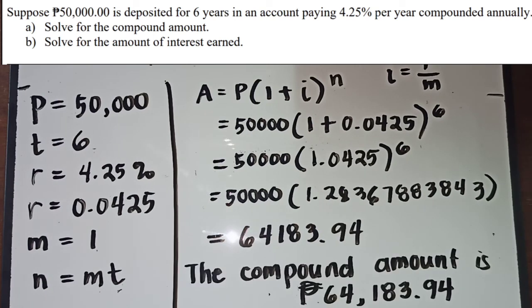Okay, so the compound amount is 64,183.94. So, ibig sabihin, after 6 years, yung 50,000 mo is magiging 64,183.94.